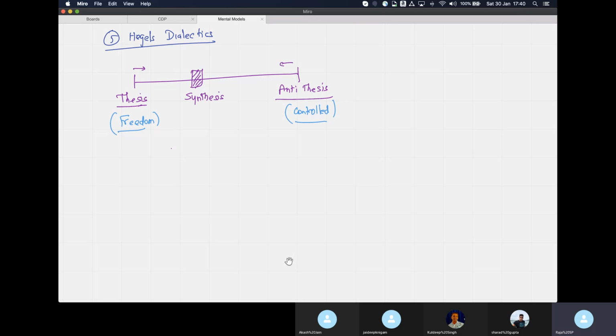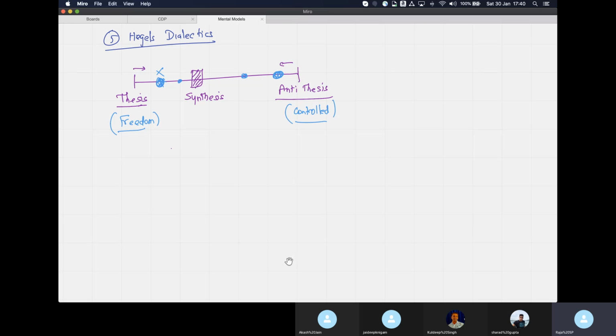But you'll see that the world sometimes sinks towards having more freedom, and sometimes it will say, oh, this is not good for me, and I will swing to this point at some point in time, or I may even choose somewhere in this spectrum, depending on different eras. Okay. So this is how Hegel looks at it, and we keep going this way and that way.